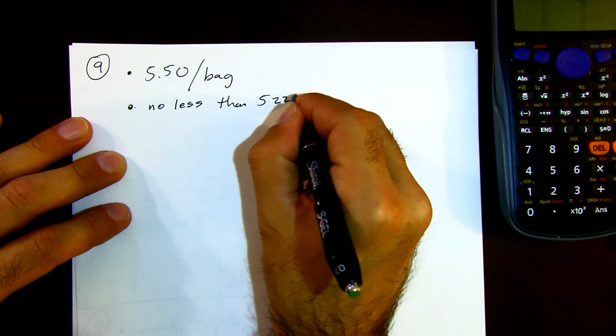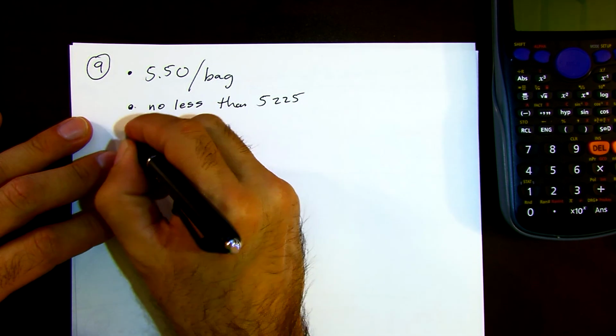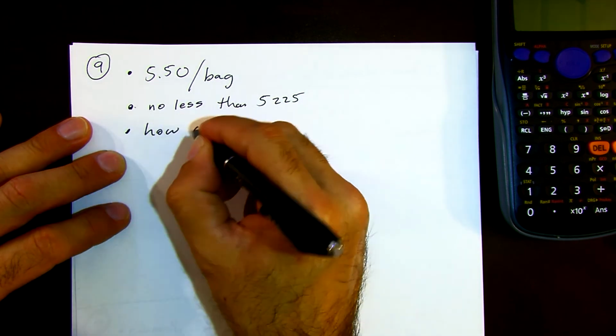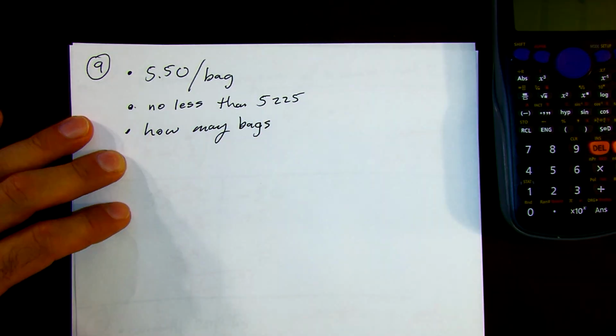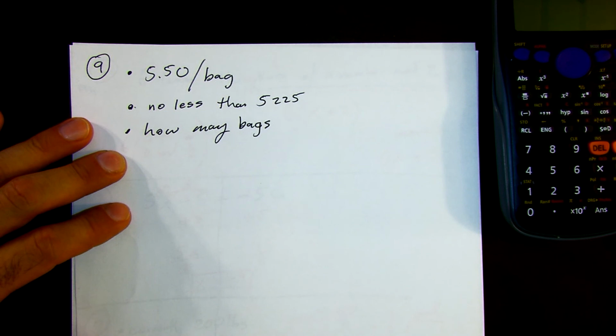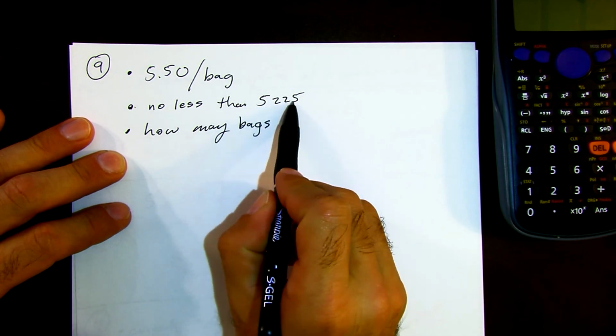If the store wants to make a profit of no less than $5,225, how many bags? Okay, put your goal on the right side, and then think about it. No less than $5,225.